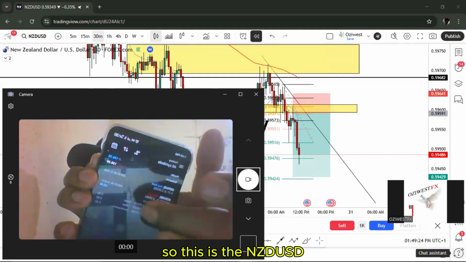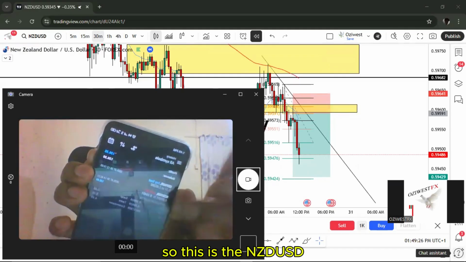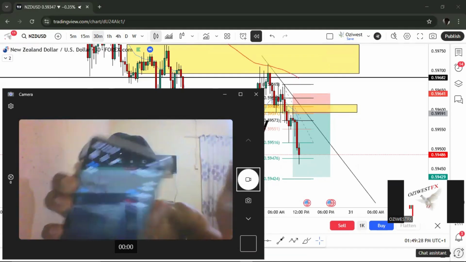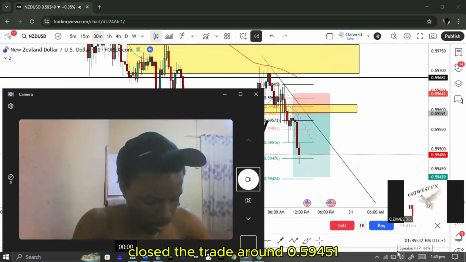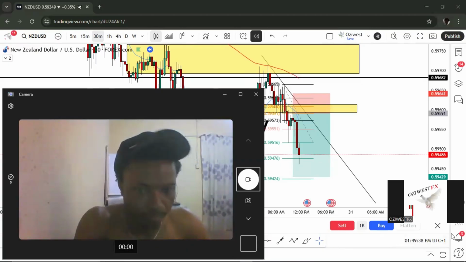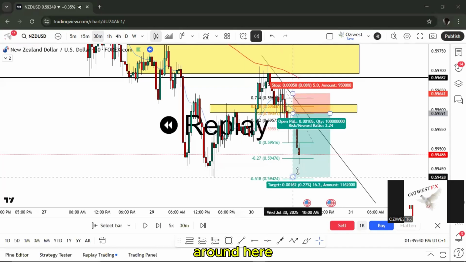So this is the NZD USD. Closed the trade around 0.59451, around here.